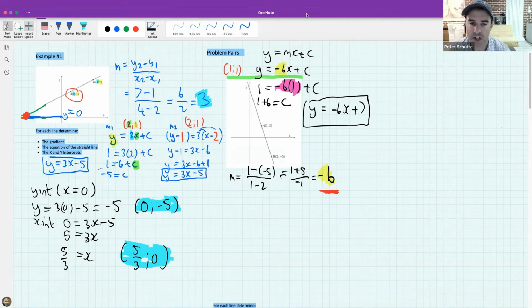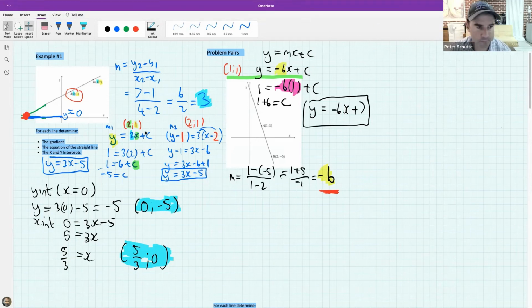Okay, let's have a look at the chat and see if students are managing to find the x and y intercepts for the second one. So what I'm going to do now is use the same trick as last time. I'm going to write y-intercept so I don't get confused. And for the y-intercept, I make x 0.